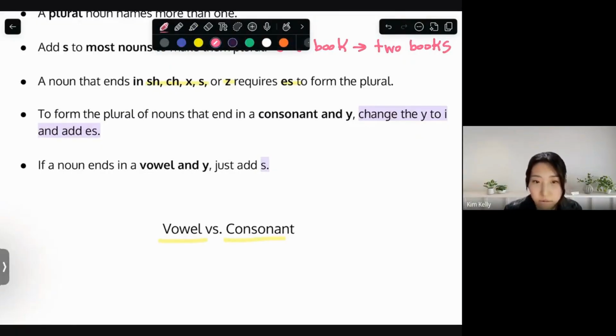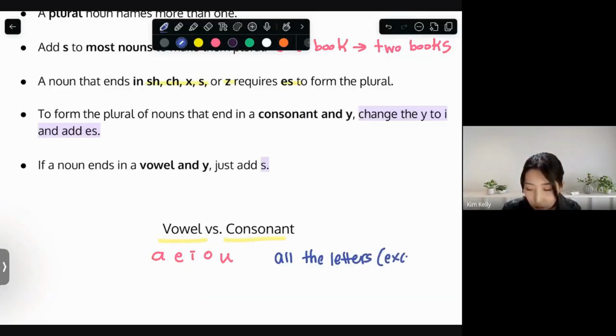First thing, vowels are the letters A, E, I, O, and U. Consonants are all the letters in the English alphabet except vowels. For example, B and C are consonants.